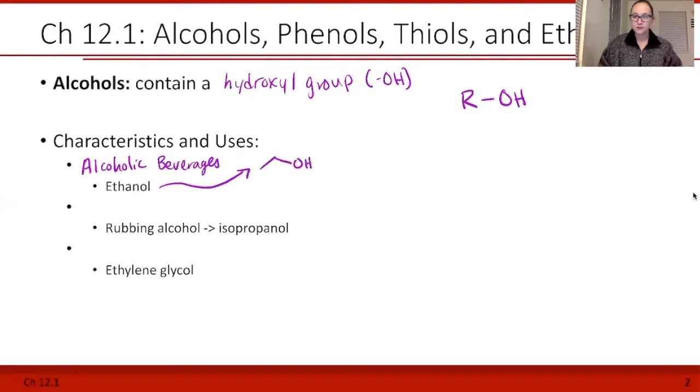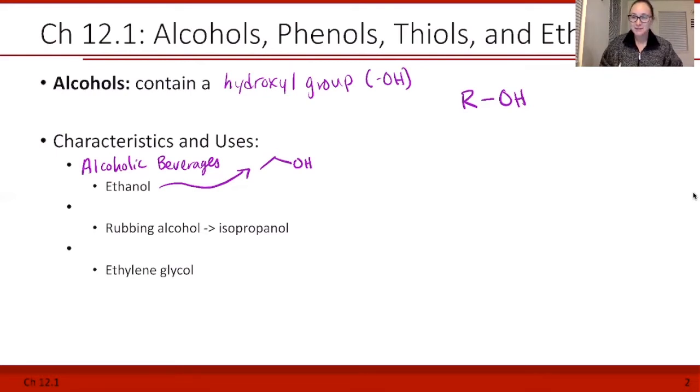For example, like Everclear, for those of you who are old enough to drink, is almost pure ethanol. And ethanol is metabolized in your body, and it causes effects after it's metabolized. You guys know, when you get drunk, it's off of ethanol.